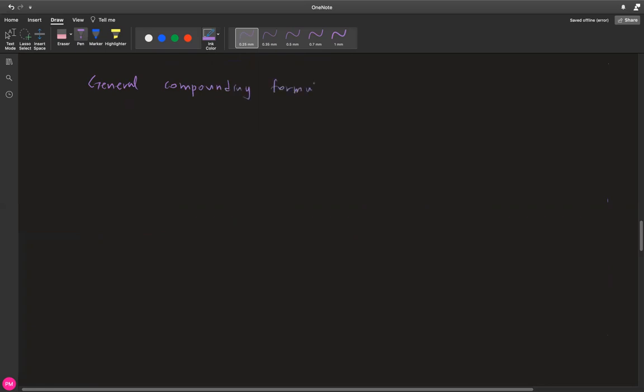And that is given as the final value equals P multiplied by 1 plus the periodic interest, to the power of T.